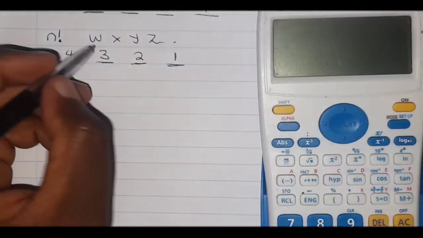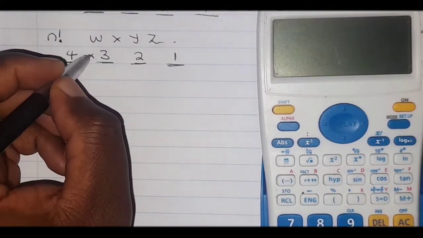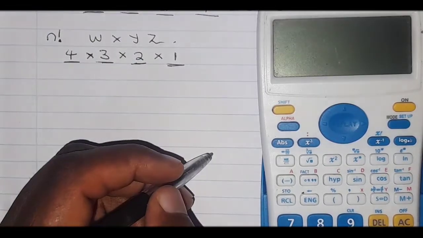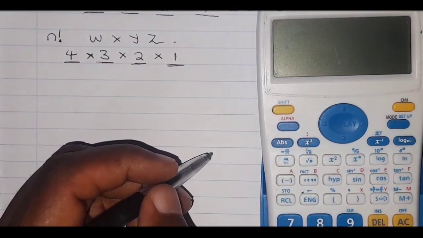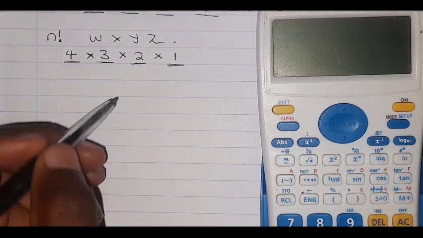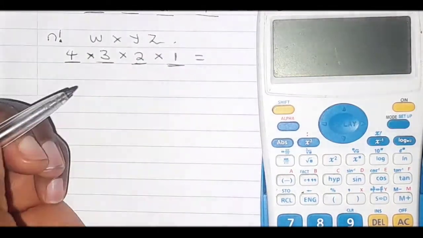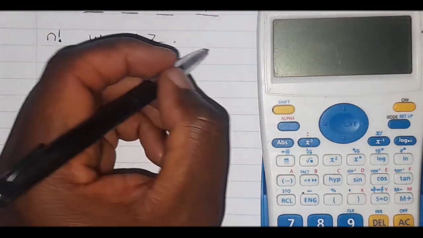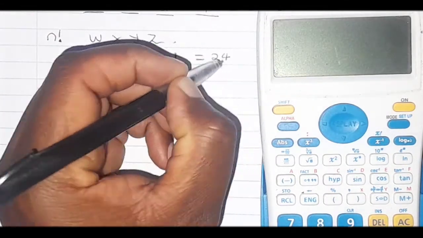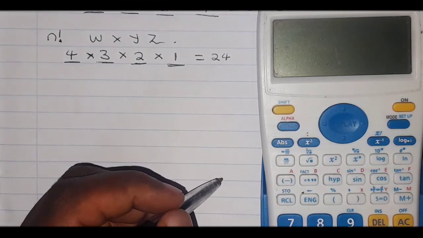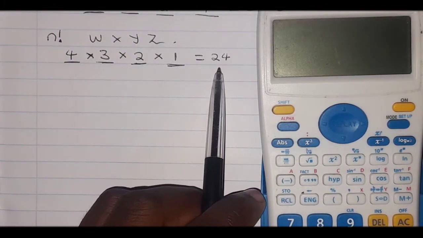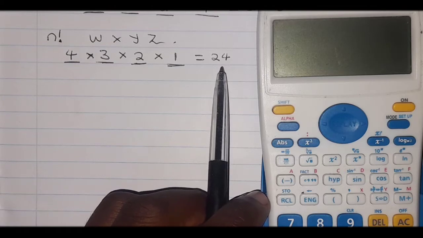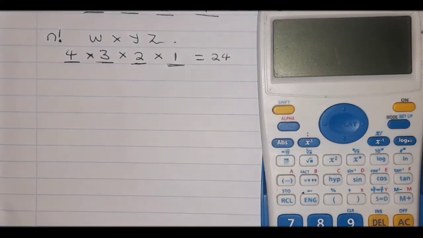So that's a 1. And just like on a probability tree, we multiply to get the total number of possible arrangements. This is going to give us 4 times 3 is 12, times 2 is 24, times 1, that's 24 different arrangements, or 24 different permutations.